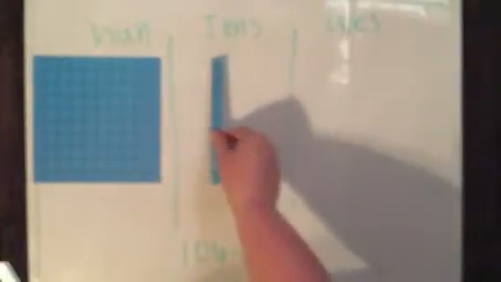Now, this 100 represents a flat. It is 100 units broken up. This is a rod. It represents 10 1 units. And the 1, which is 1 unit, represents 1 of 10 units and 1 of 100 units.